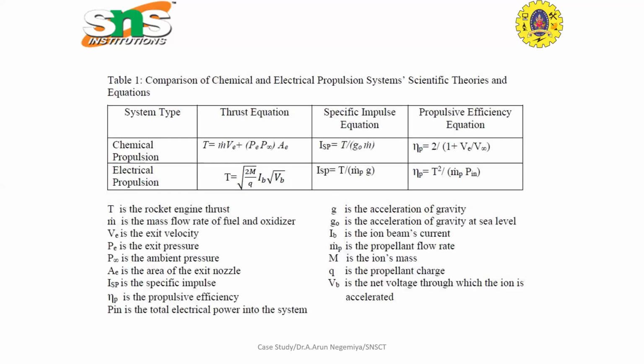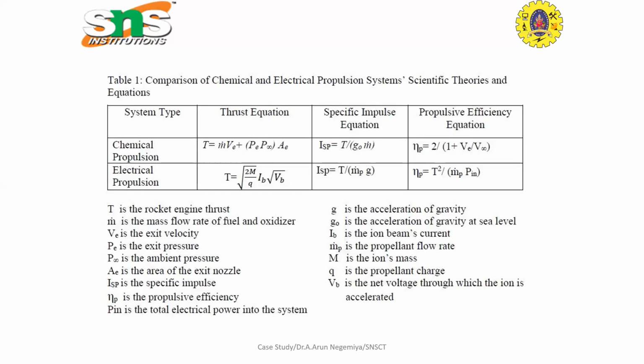And next we are going to see the comparative scientific theories for chemical and electrical propulsion. For chemical propulsion, the thrust equation will vary. Thrust means a forward force.